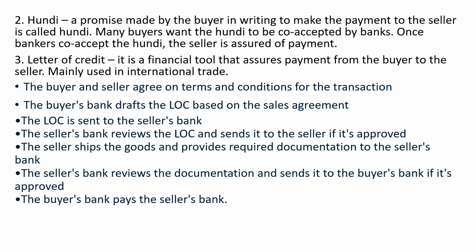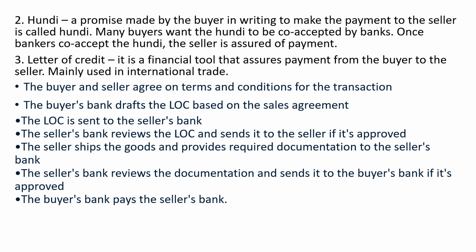This promise, which is given in writing by the buyer to the seller, will be more authentic if it is accepted by banks. So the seller will give it to the bank and make the bank accept it. If the bank accepts it and approves it, then the seller is assured that he will get the payment from the buyer. So this is a term of payment which is used in industrial marketing.